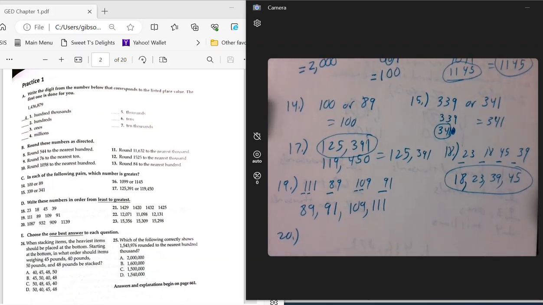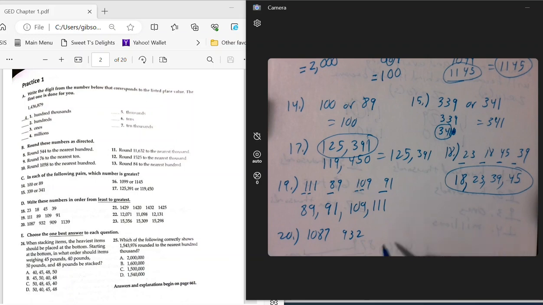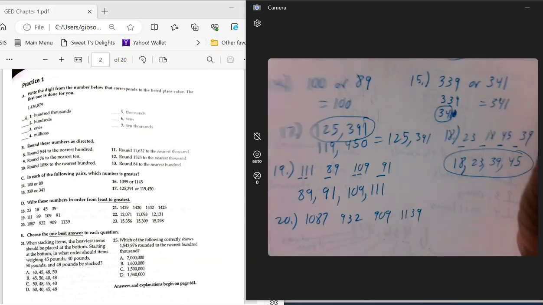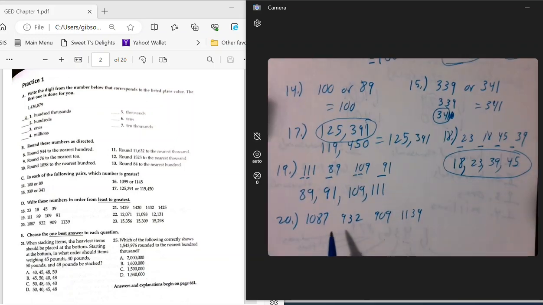With problem 20, we have 1,087, we have 932, we have 909, and we also have 1,139. Now, if you notice here, we have 2 4-digit numbers and 2 3-digit numbers, and none of the lead numbers here is 0.